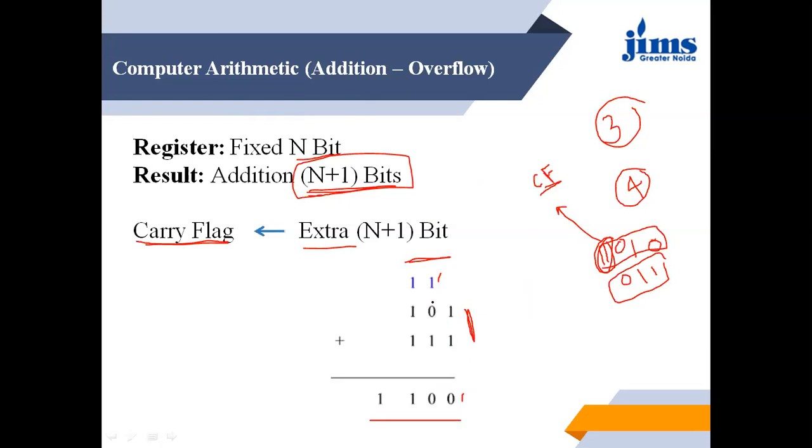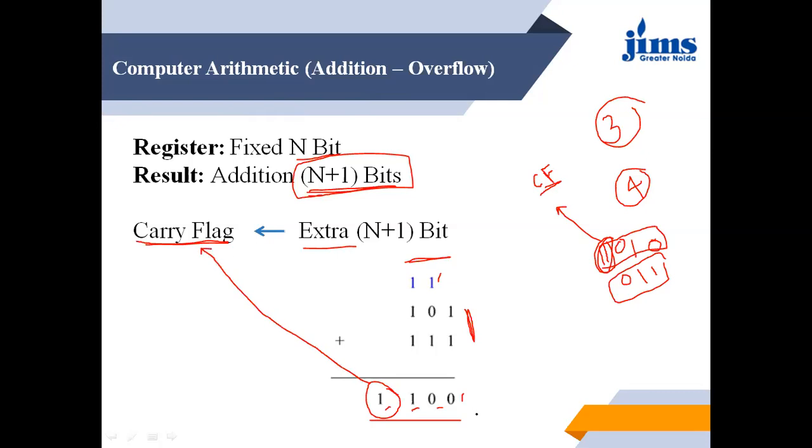This is 1 and 0 and 1 is 0 with a carry 1, and 1 and 1 and 1 is 1 with a carry 1. So 1 plus 1 is 2, 2 plus 1 is 3, and 3 is equivalent to 1, 1. So we get one extra bit. This bit is going to be stored in the carry flag.